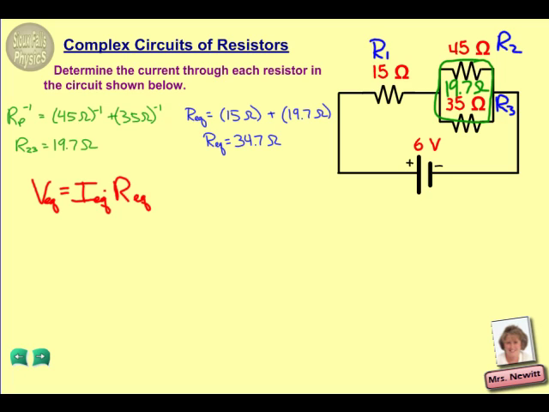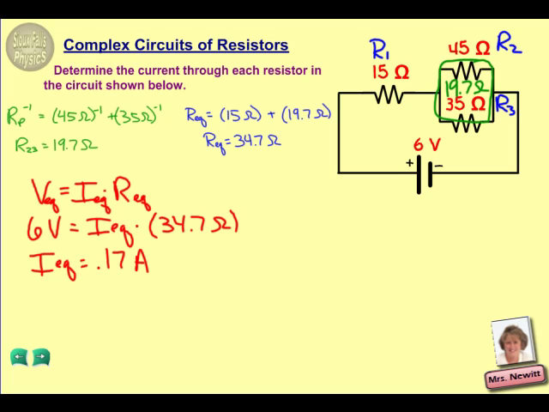So we have 6 volts as our total. The equivalent current is our unknown, and 34.7 ohms. Solving for equivalent current, we find that we have 0.17 amps.